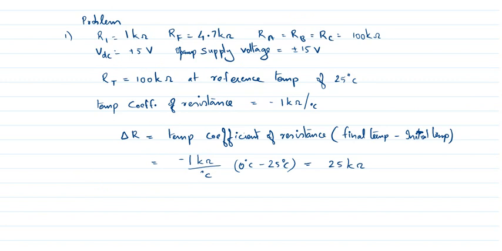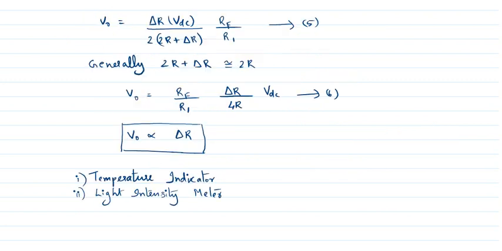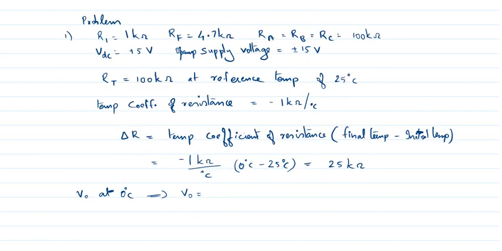So here we have to find the V0. Determine the value of V0, the output voltage at 0 degrees Celsius and 100 degrees Celsius. So V0 at 0 degrees Celsius is equal to RF by R1 into delta R by 4R into VDC. That is the equation that we are going to apply here.